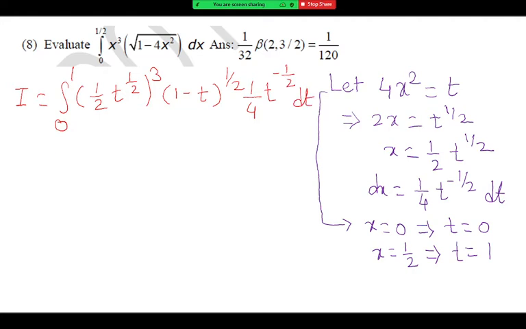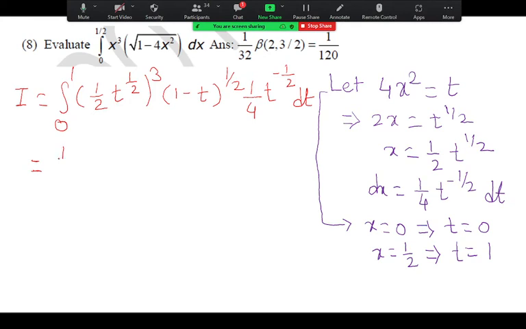Obviously, the constants we have to take out. Can anyone tell me what the constant term outside the integral should be? 1 by 32 is the correct answer, because 2 raised to 3 is 8, 8 fours are 32. So 1 by 32 is the correct one, and limits 0 to 1.